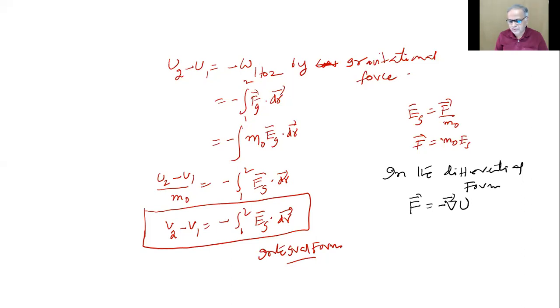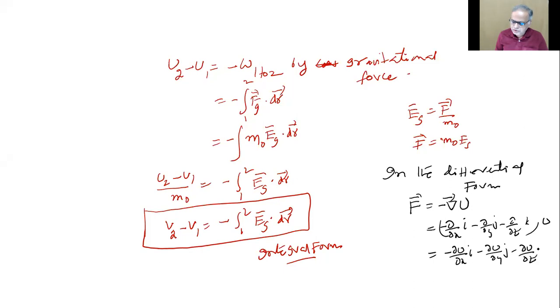Del is a vector, I told you. Minus dou by dou x i cap minus dou by dou y j cap minus dou by dou z k cap U, that is minus dou U by dou x i cap minus dou U by dou y j cap minus dou U by dou z k cap, like this.